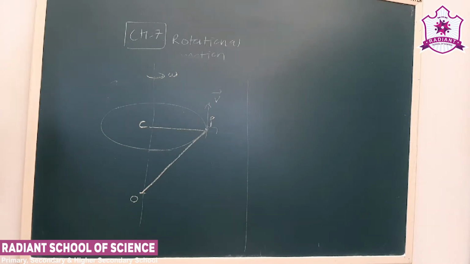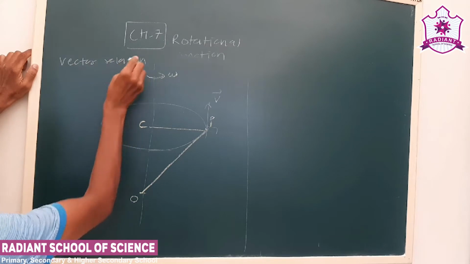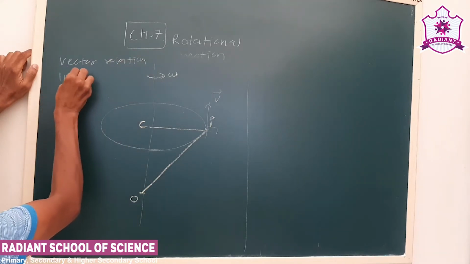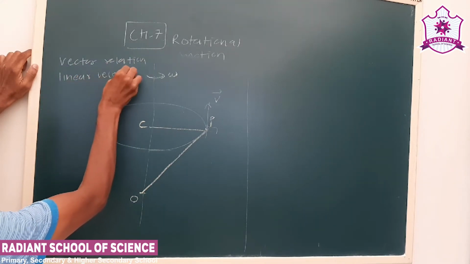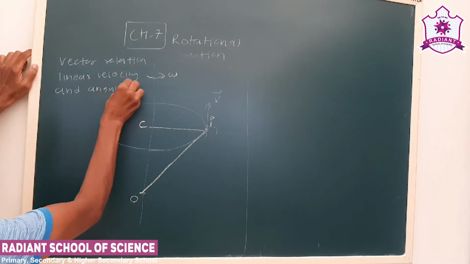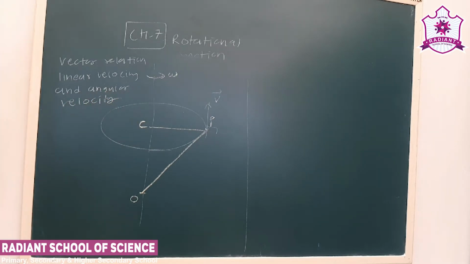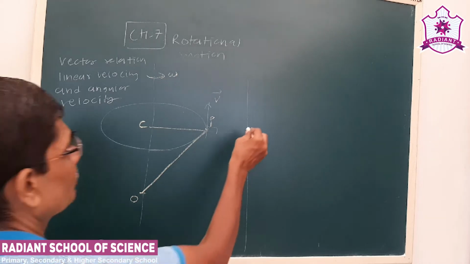Here we have to establish the vector relation between linear velocity and angular velocity. We have to derive the vector relation: v is equal to omega cross r.